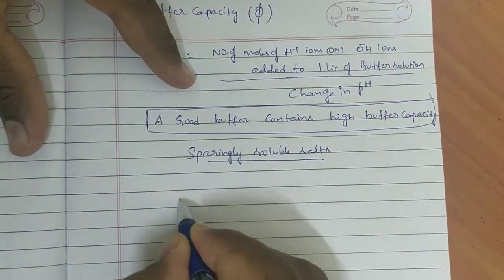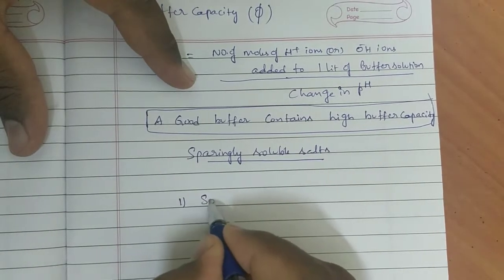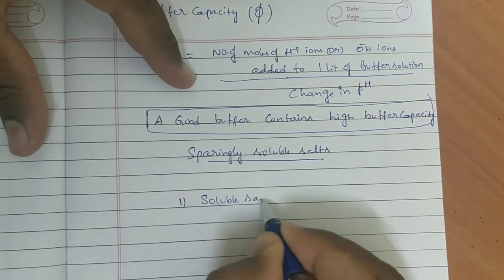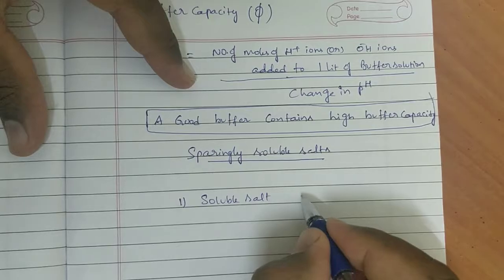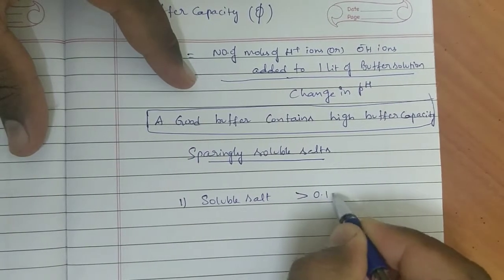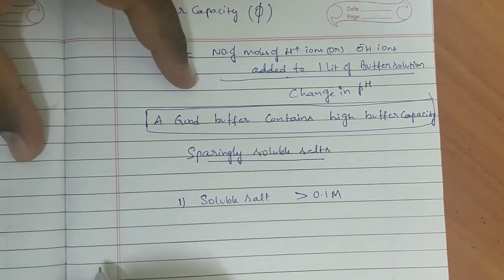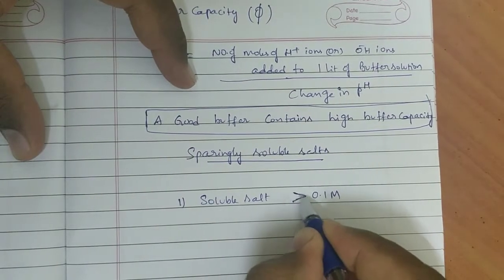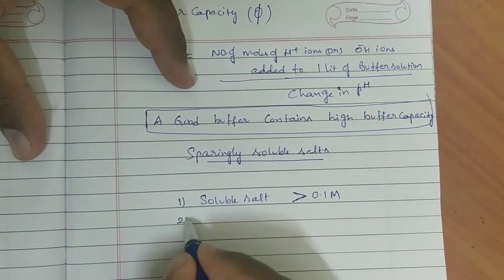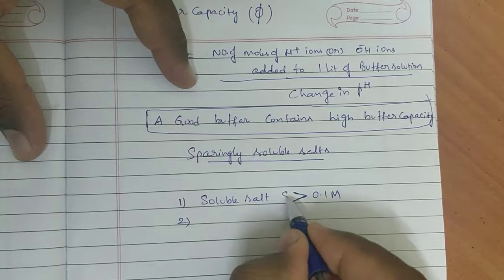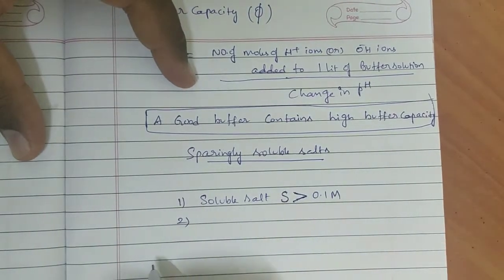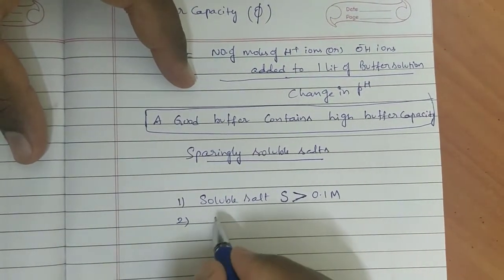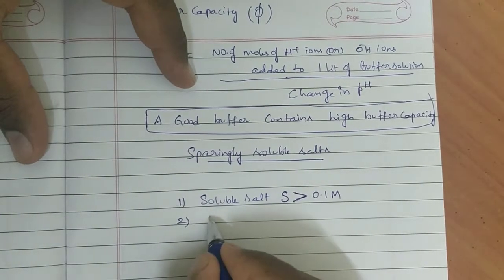First type, soluble. Soluble salt: solubility greater than 0.1 molar solution. They can dissolve easily. Second one, slightly soluble.